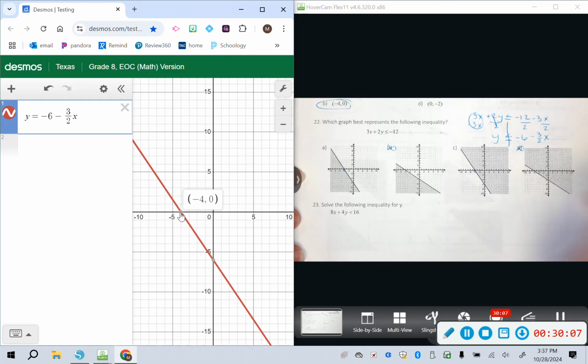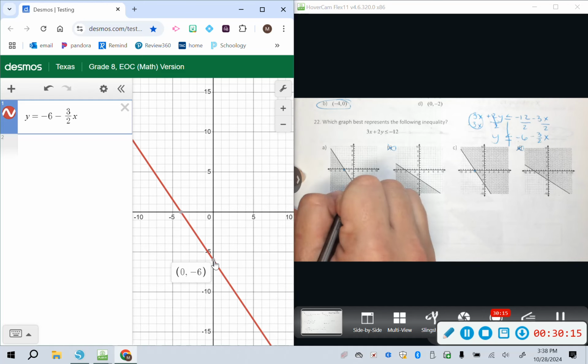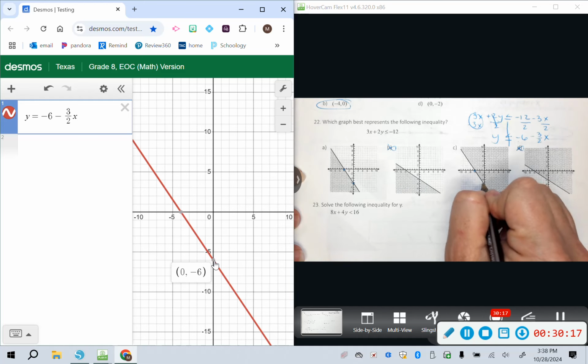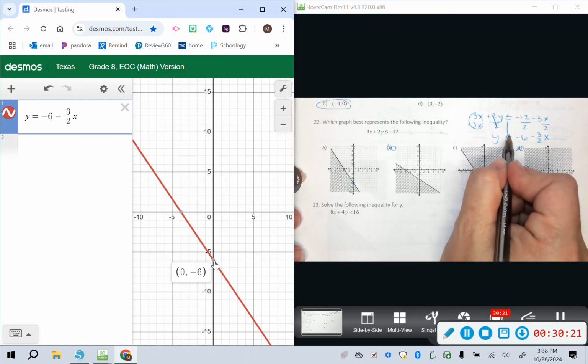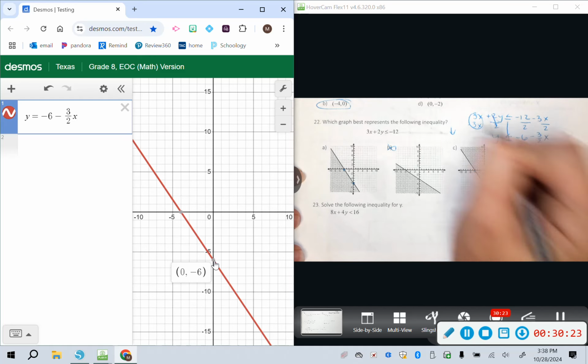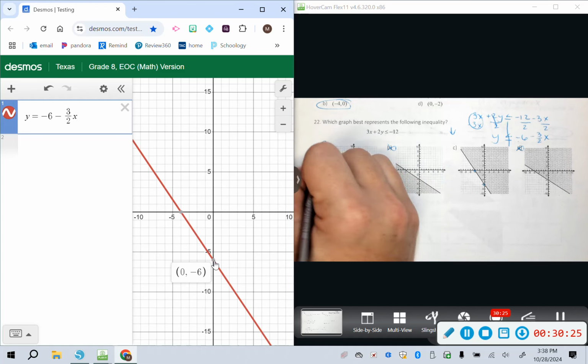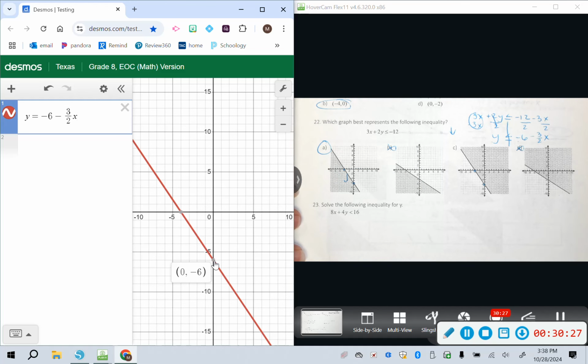This one does not. And my x-intercept is at -6. I mean, sorry. My x-intercept was -4. My y-intercept is -6. This has -6. This also has -6. So now I need to ask myself above or below. Well, y is less than or equal to, less is below, and this one is below, so A is my answer.